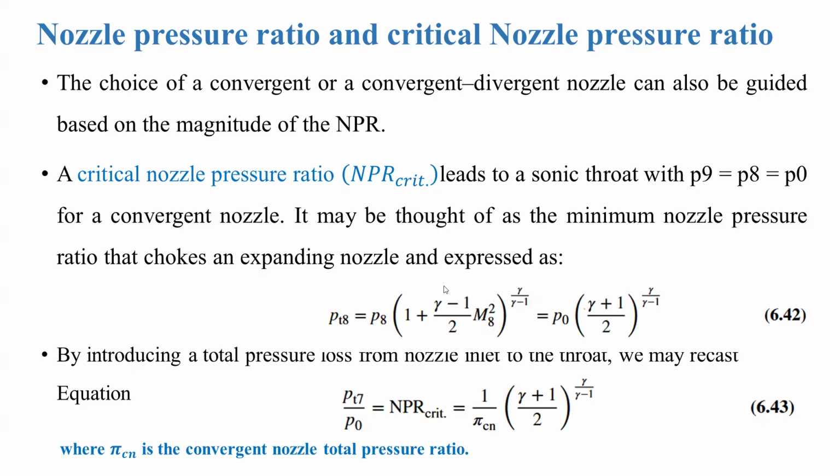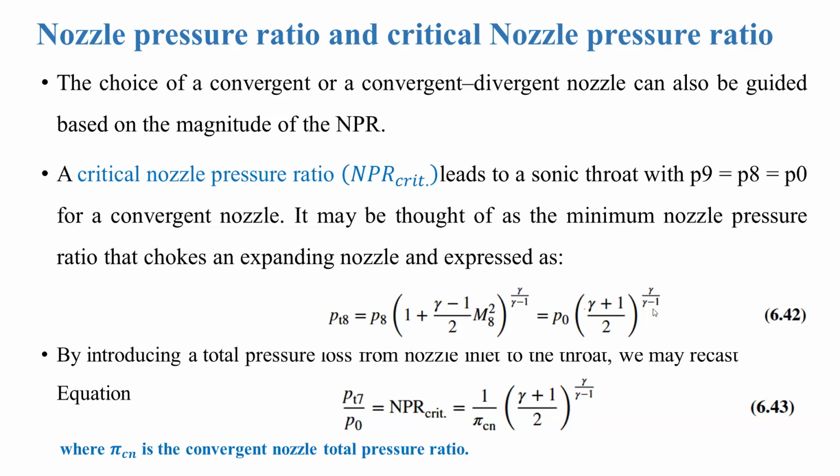Maybe we can express this as the temperature ratio. Anyway, because P8 is equal to P naught, we get P naught times gamma plus 1 over 2, to the power of gamma over gamma minus 1.